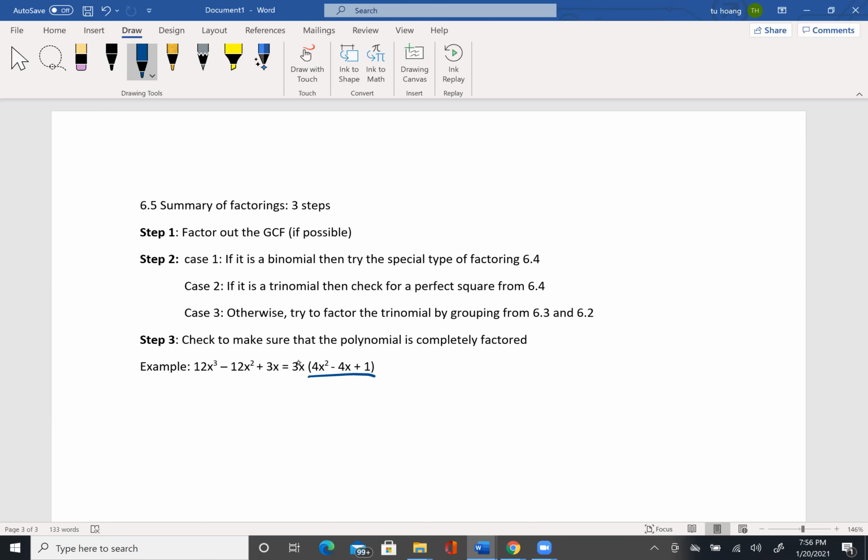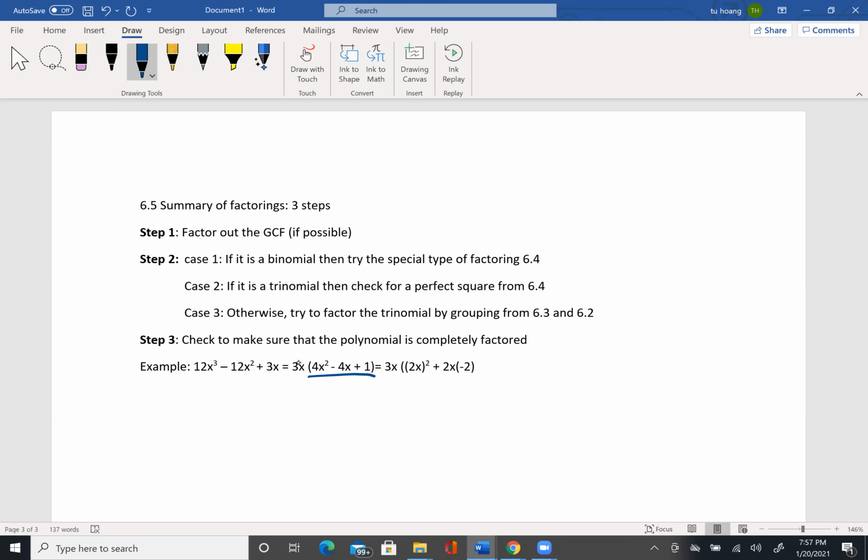If I change this to be 2x, everything squared, and then minus, plus 2 times x times negative 2, and then let me see. No, there is no 1 over here.